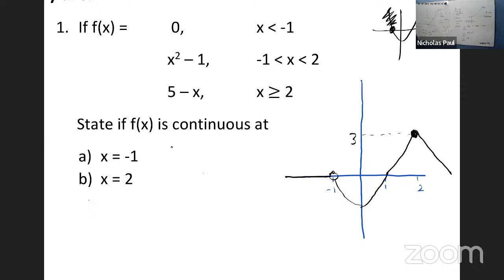Ranju, Ranju, you might help me now. Let's start with Ranju. Ranju, does the limit exist? What is the limit of f of x as x approaches 2?